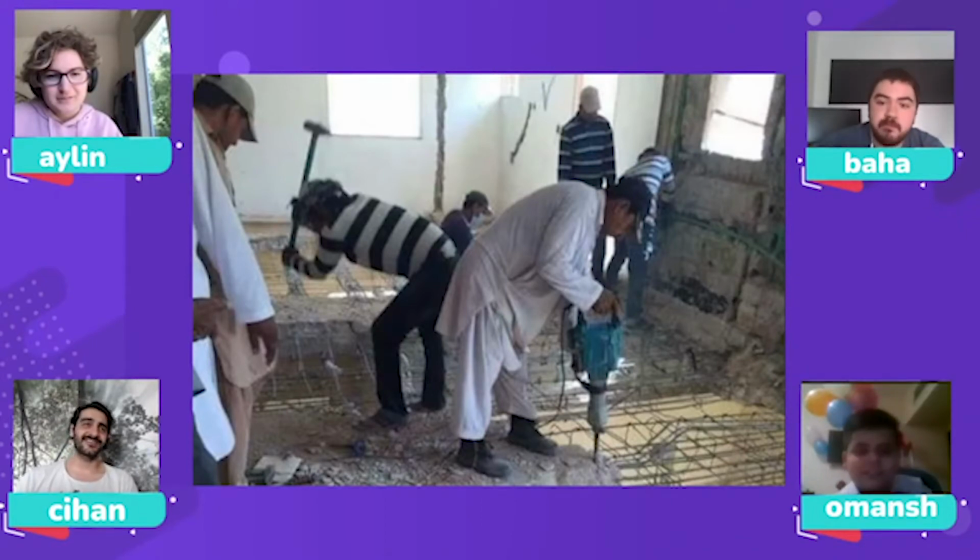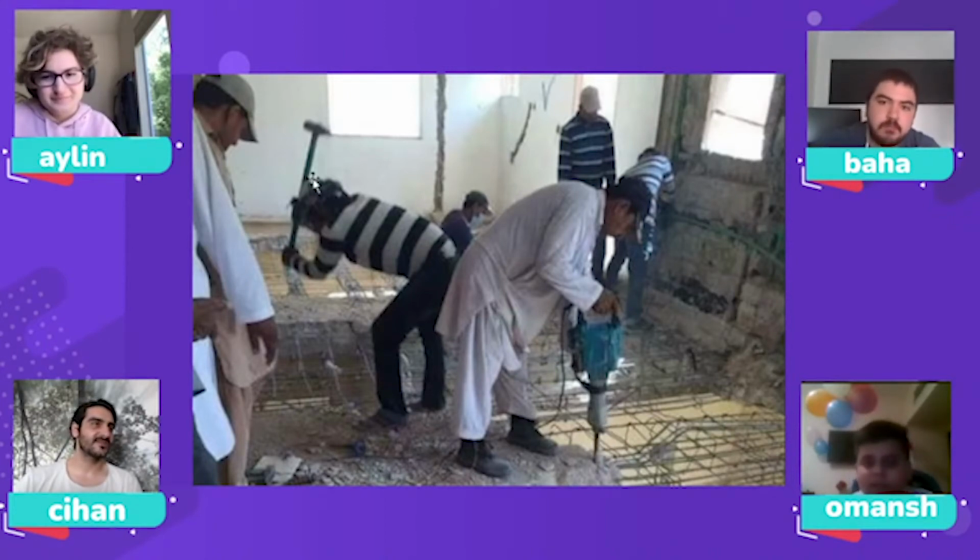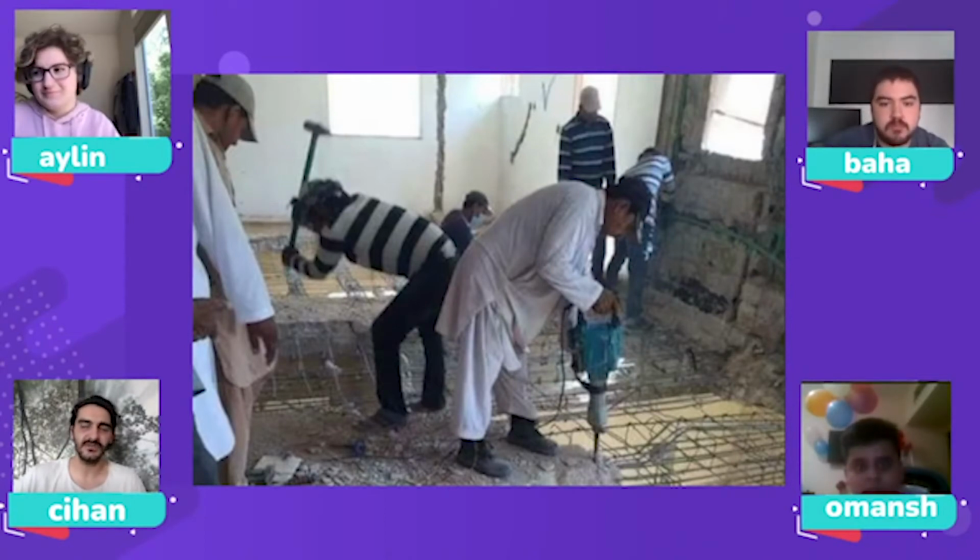Or I think they are not building, they are destroying. What is this? Like a drill? It is kind of a drill. There's a hammer-like thing in here. Do you see anything wrong in this picture? Anything that feels wrong to you? It's dangerous.